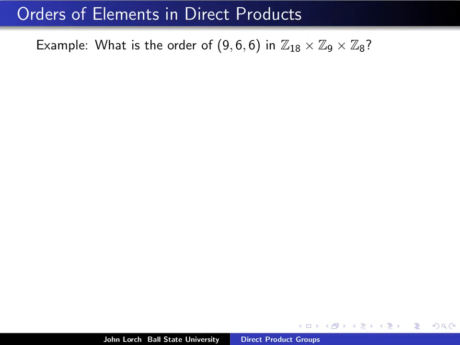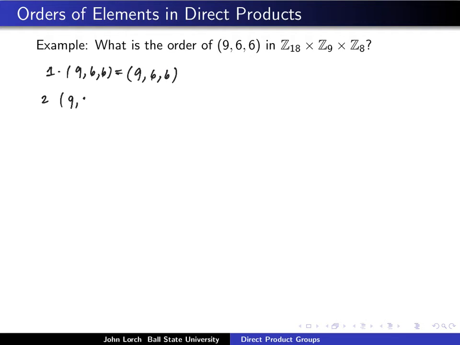So we start with 1 times (9, 6, 6), which is just itself. Then what do we want to do? Well, we want to apply (9, 6, 6) to itself. And since this is an additive group, we're going to be looking at multiples instead of powers.